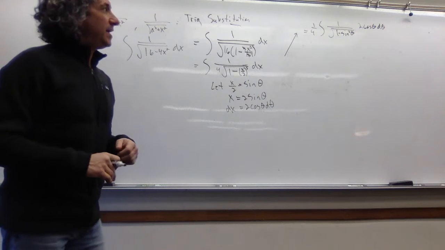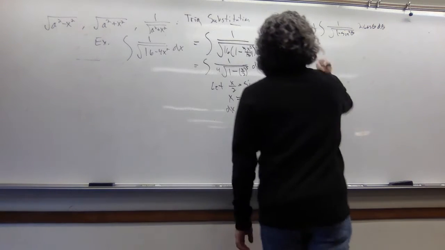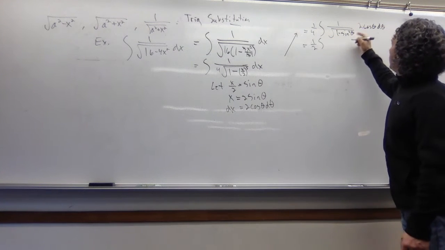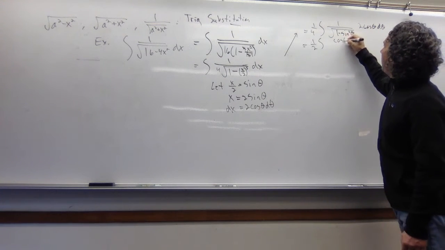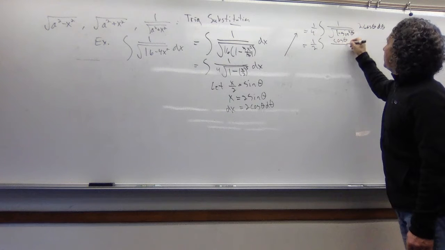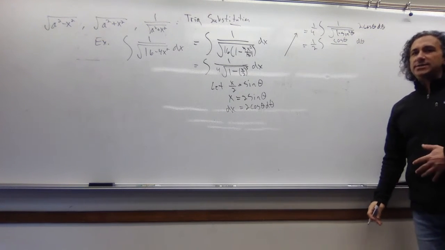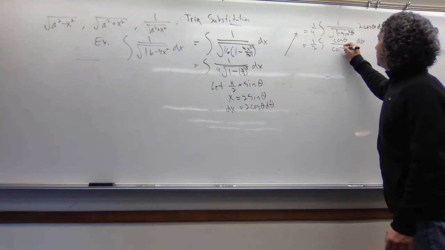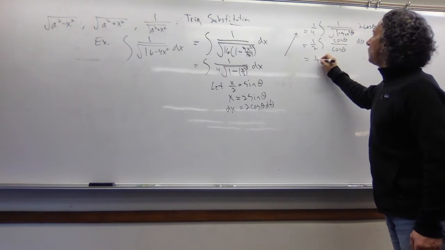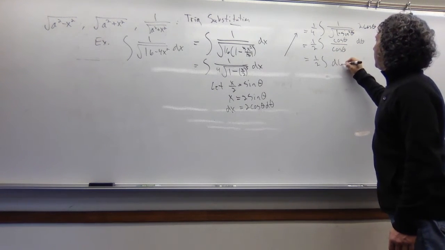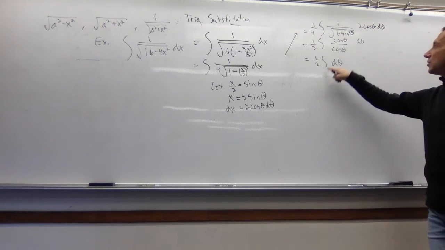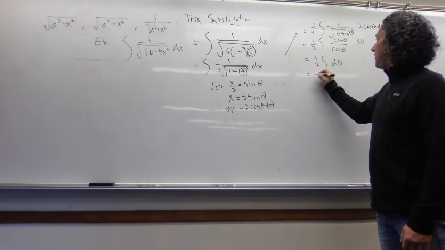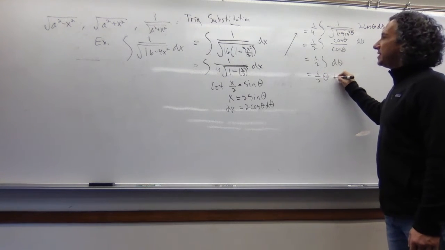After simplifying it, 2 times 1/4 is 1/2, and watch this, we have cosine theta. The square root of 1 minus sine squared is the square root of cosine squared, which is just cosine. Beautiful. So this horrific looking integral is just 1/2 the integral of 1 d theta. The integral of that is just theta plus c.